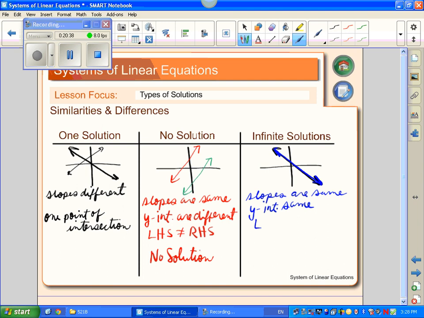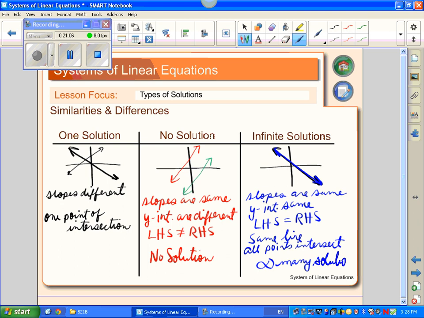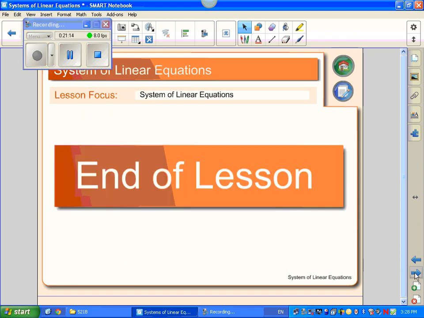Algebraically, the left-hand side equals the right-hand side. We have the same line, and all points intersect. And what do we say this is for an answer? This is infinitely many solutions. And this concludes our review of solving systems of linear equations.